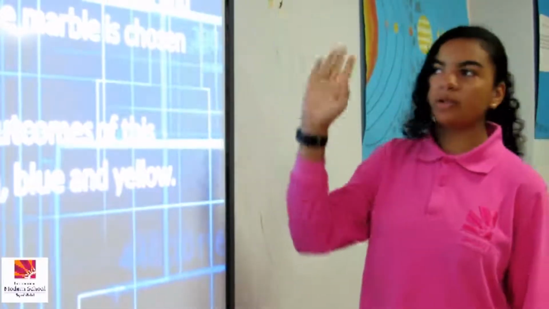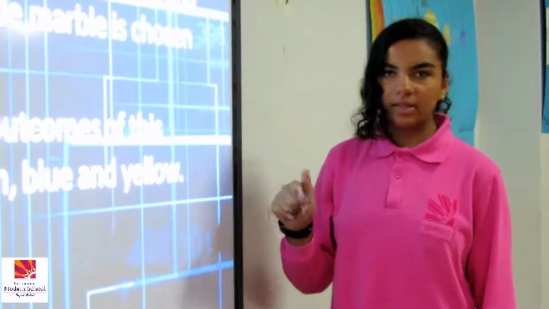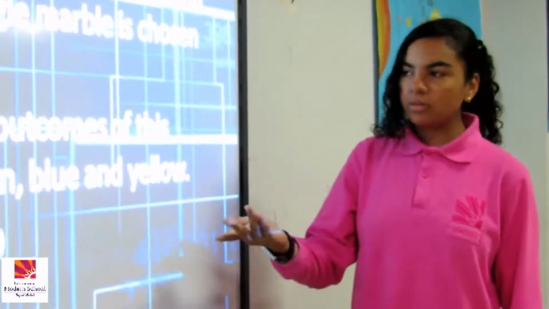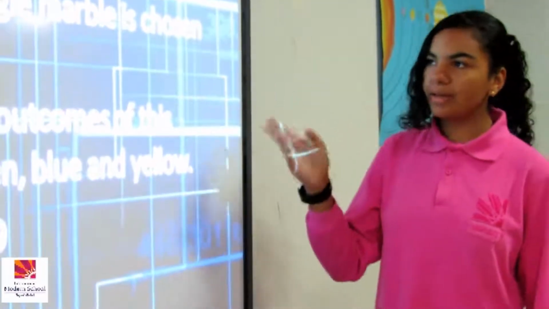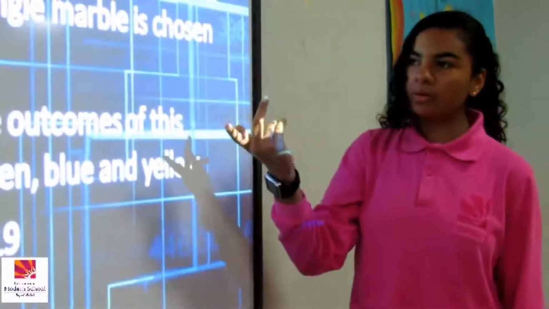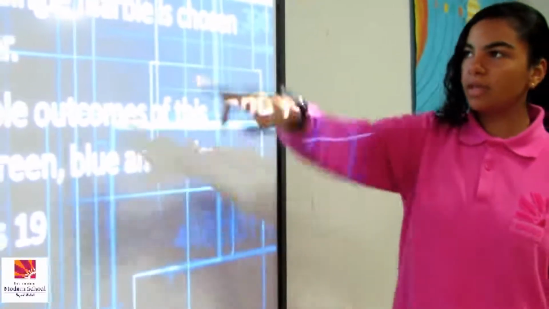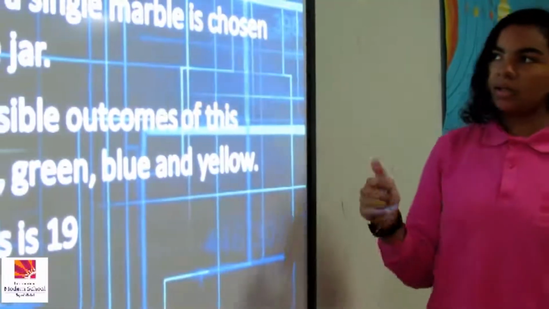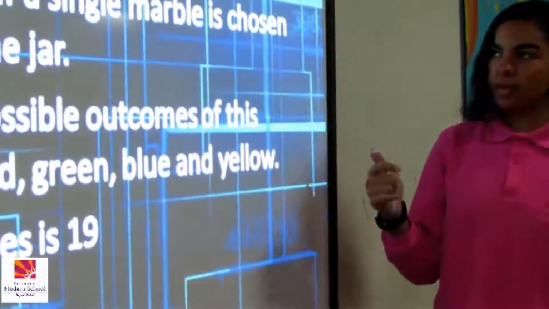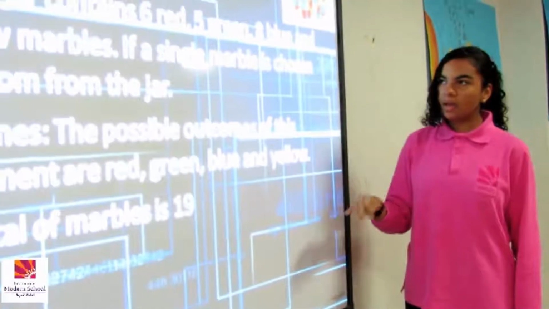So if he asks you about blue, it's going to be 8/22, which is unlikely. If you ask for two colors, 6 and 5, it's going to be 11/22, so this is going to be even chance.